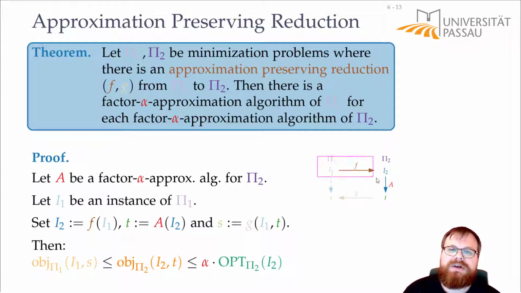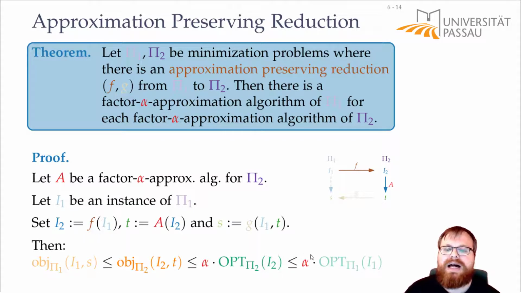And the property for f tells us that the optimum of I2 is at most as large as the optimum of I1. So this is again at most alpha times the optimum of I1. And now we directly have our inequality here. The objective function of our solution S is at most alpha times the optimum for our instance.